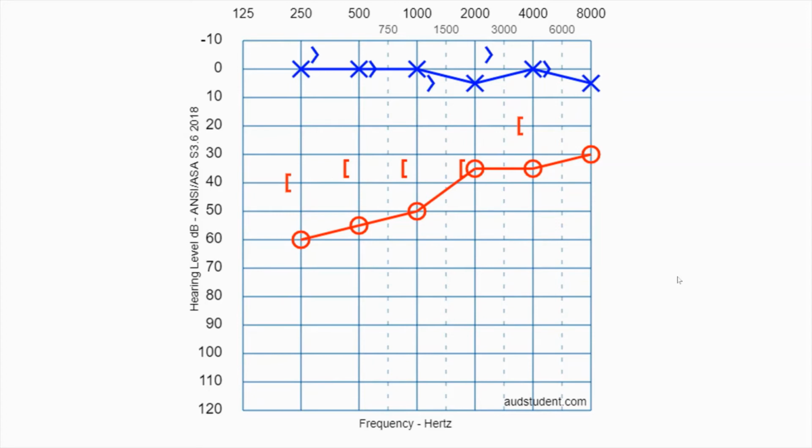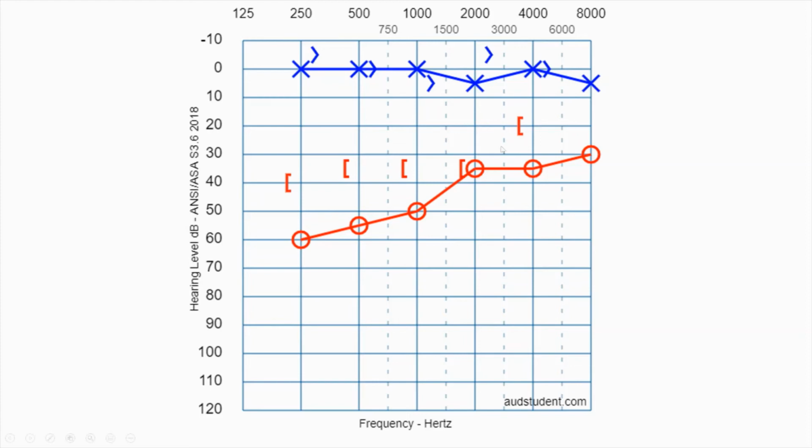So when we think about laterality and symmetry, it's definitely unilateral, because at first glance I can tell you that this left ear is normal, but this right ear definitely is not. So let's move on to number 2. Is there significant air bone gap? Again, significant meaning greater than 15 decibels.